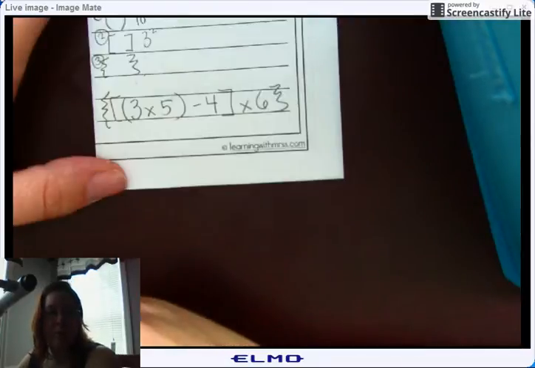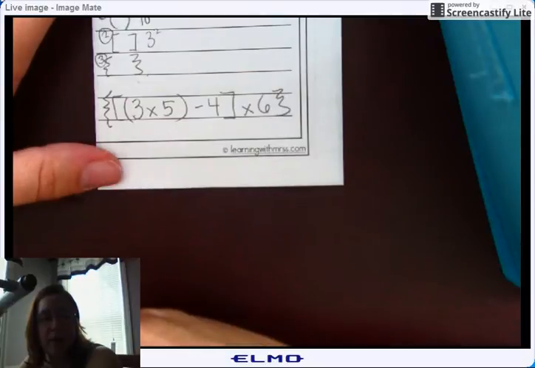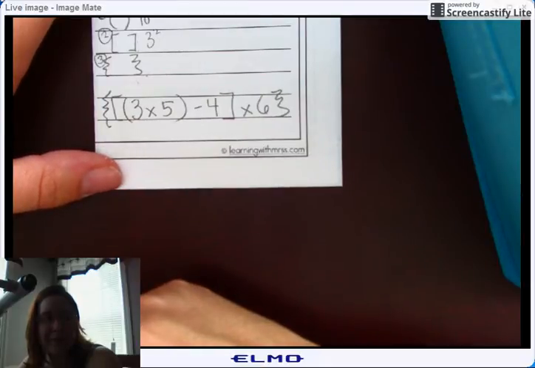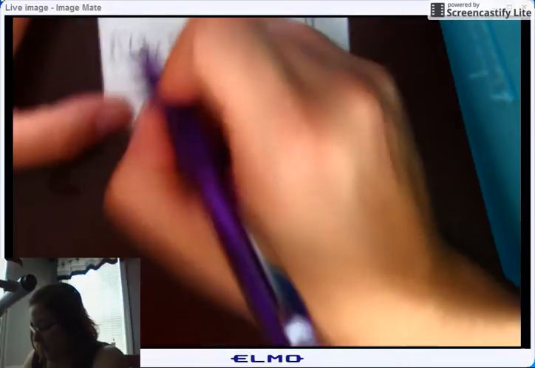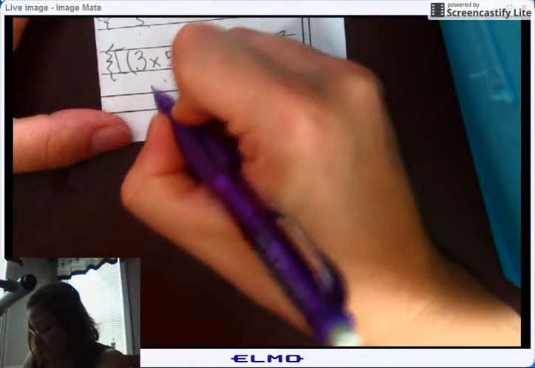Okay, sorry. So you guys are going to spend a moment, copy down this equation here. And you're going to start here with the parentheses, which is 3 times 5 is 15.